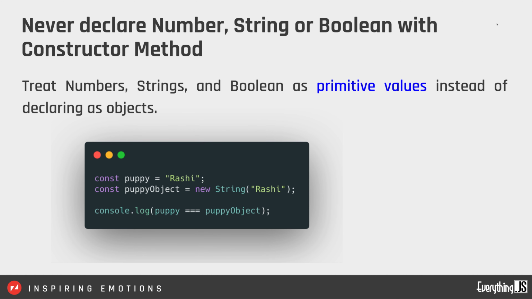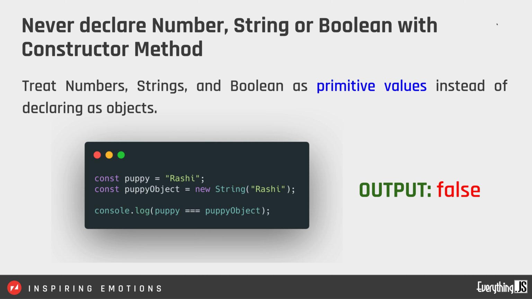In the code snippet, we have created a constant called puppy and a puppy object. The puppy object is created using an instance of String. We strictly compared the puppy and the puppy object. Do you have any idea what the output of this was? Yes, exactly.